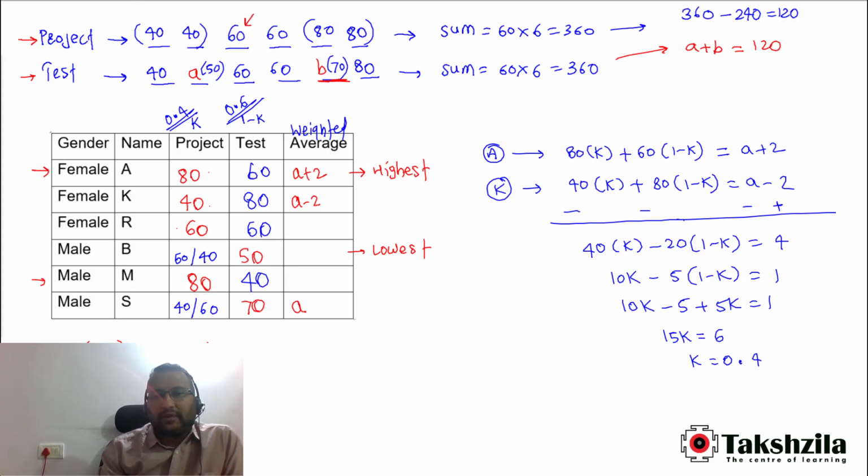So the value of A is equal to 66. So over here the aggregate is 68, over here the aggregate is 64, A minus 2. A minus 2 is equal to 64, correct. Over here the aggregate is going to be 66.